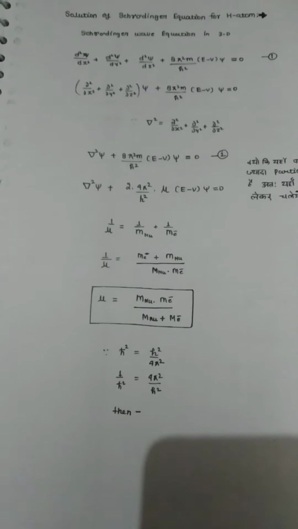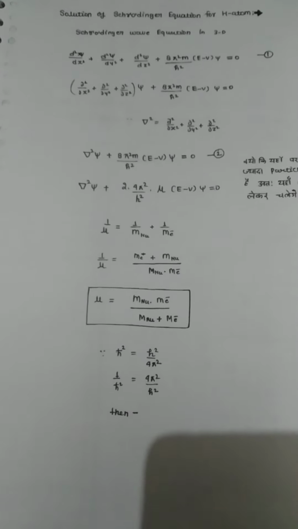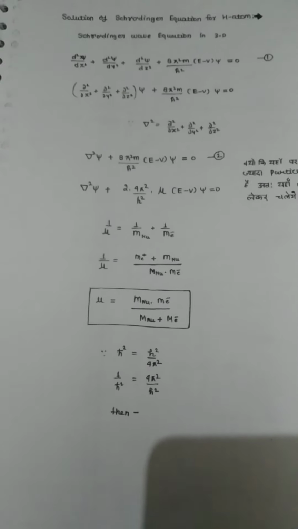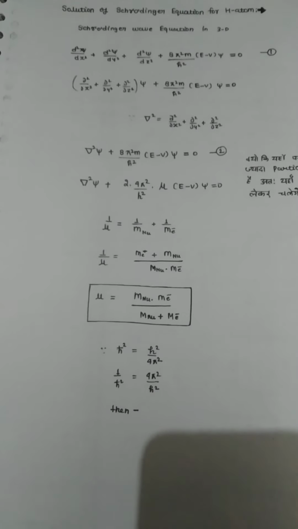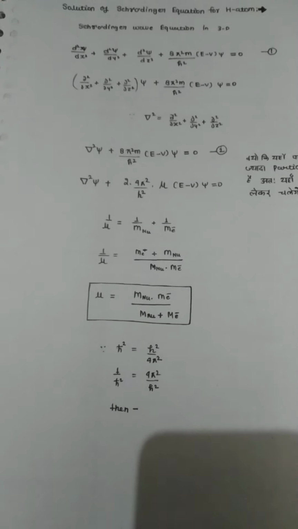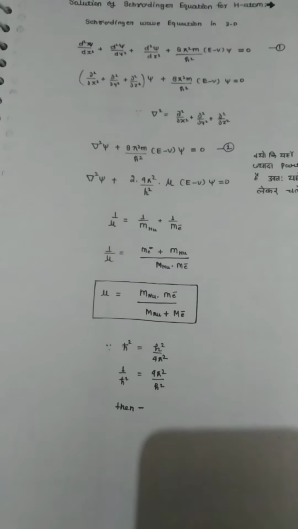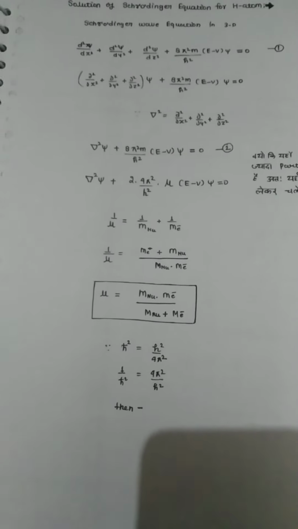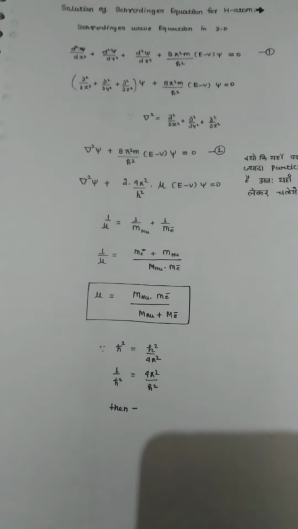Two things are considered in the Schrodinger equation of the hydrogen atom: the particle's value, that is 8 pi square m upon h square (E minus V) psi, and the wave function value, d square psi upon dx square plus d square psi upon dy square plus d square psi upon dz square, plus 8 pi square m upon h square (E minus V) psi equals 0.